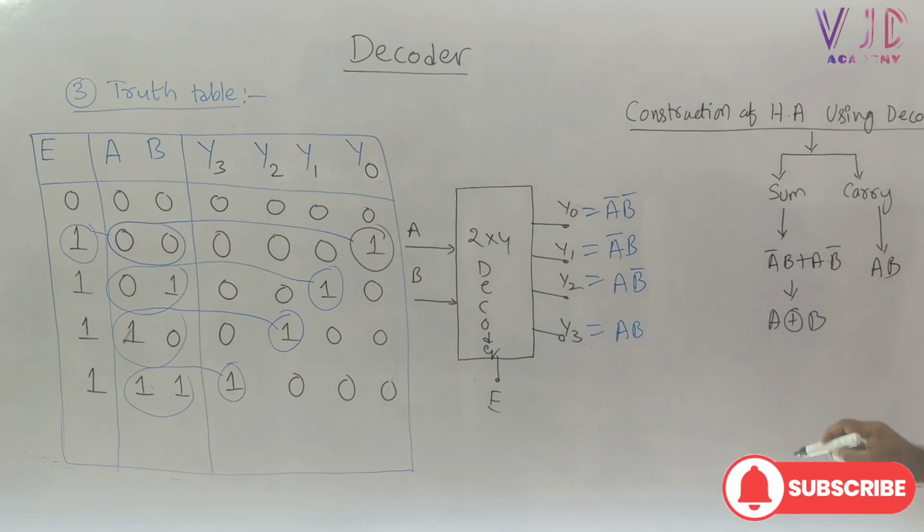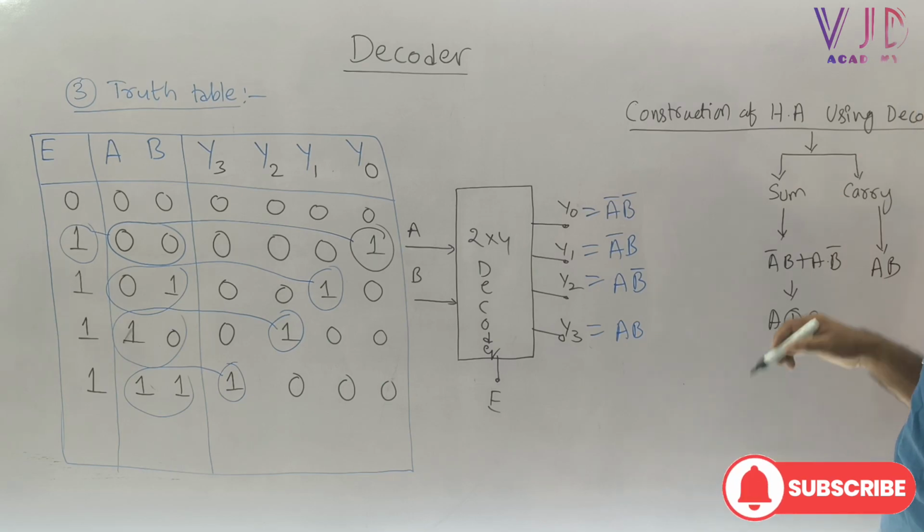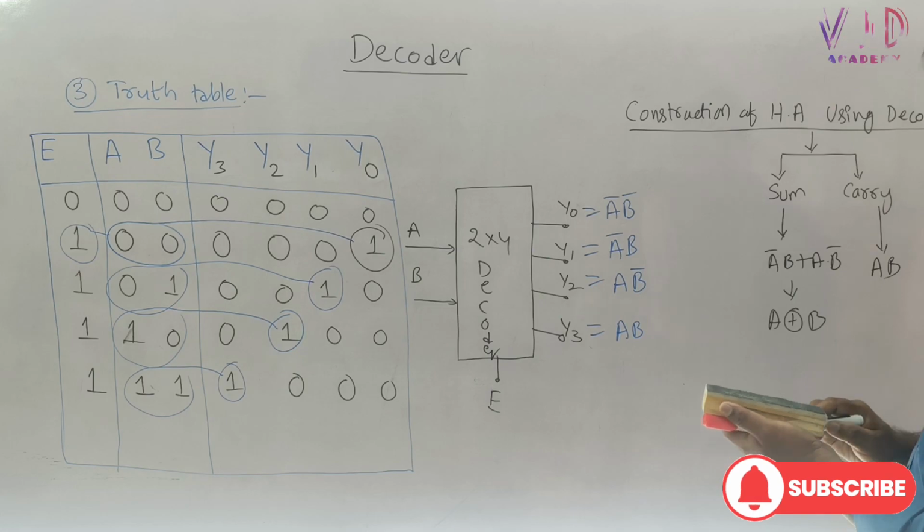Now can you please tell me what the half subtractor outputs are? A half subtractor has 2 outputs.